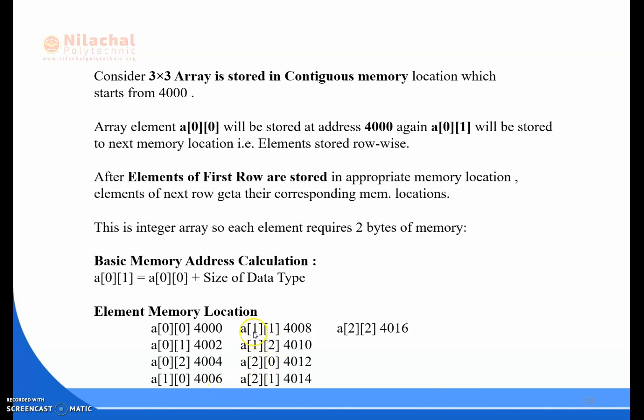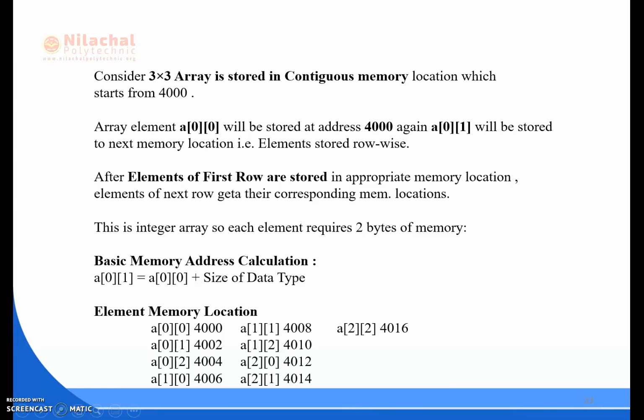The first row and first column at 4008, the first row and second column at 4010, and so on. So here each and every element is located in memory in the row wise format.